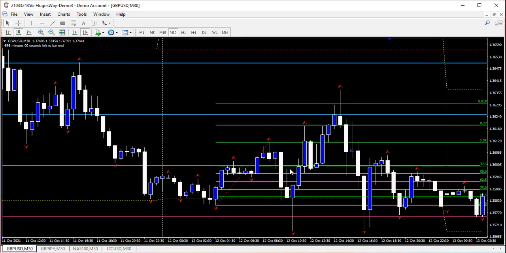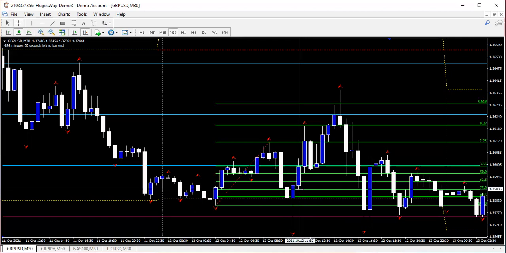Price came down and gave a retracement off of the 87%. Price also rejected at the 750 level, which I told you guys, once price hits the 750 level, it loves to give a rejection off of that level. So it rejected the 750 level and price came right back up.